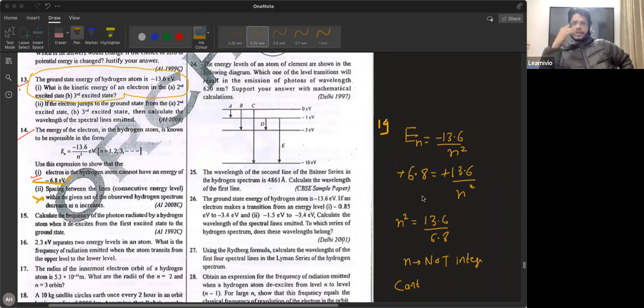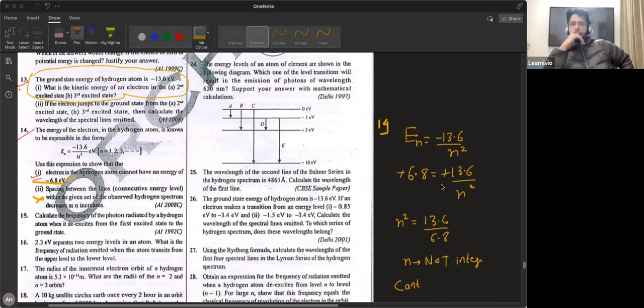Arpit, what does second excited state mean? What's the value of n for the second excited state? Anshika? Right, Alia.